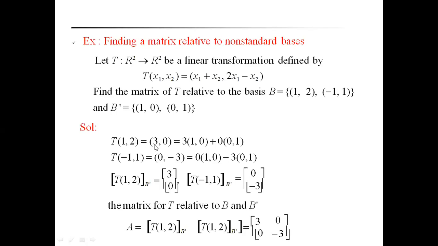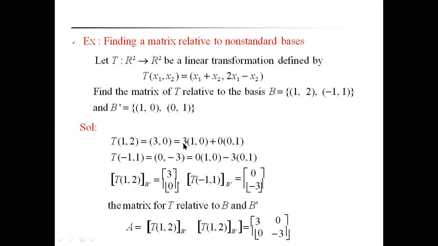T of 1 is T of (1, 2). First find T(v). v is given as a basis of the domain R squared, that is the basis vector (1, 2), that's why I put T(1, 2). In the formula, I put 1 plus 2, which is 3, and 2 into 1 minus 2, which is 0. So (3, 0).